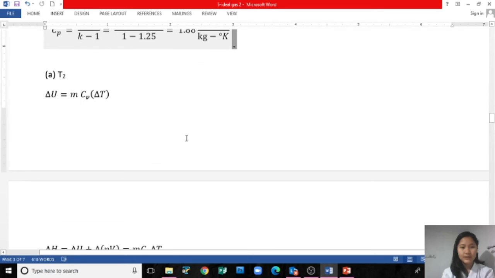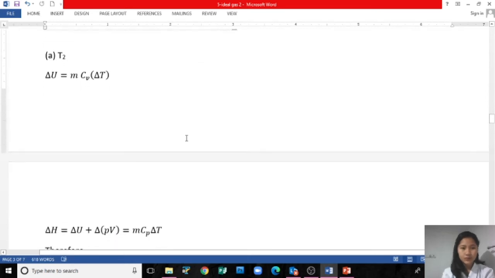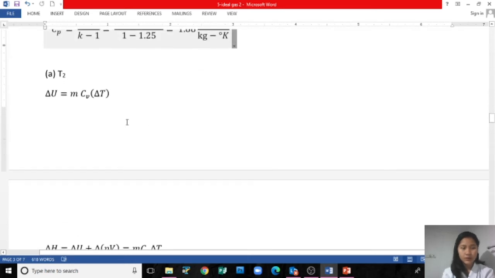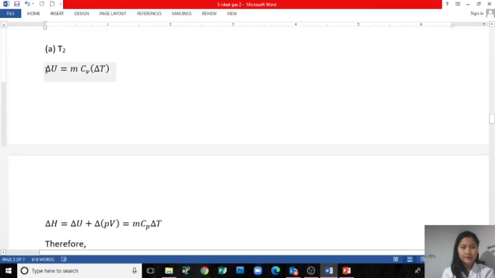Now for the T2, we're going to use the formula delta U, which is the change in the internal energy, equal to the mass times the specific heat times the change in temperature.